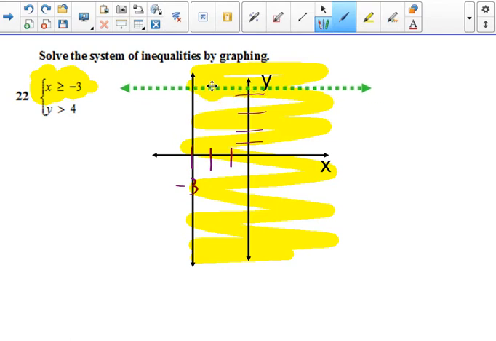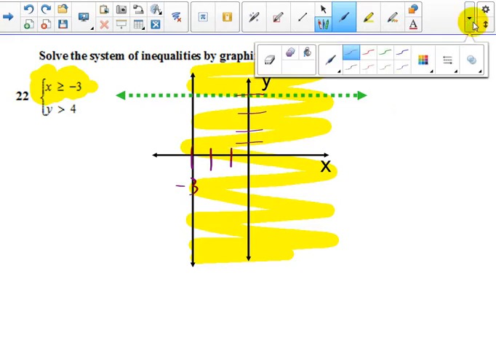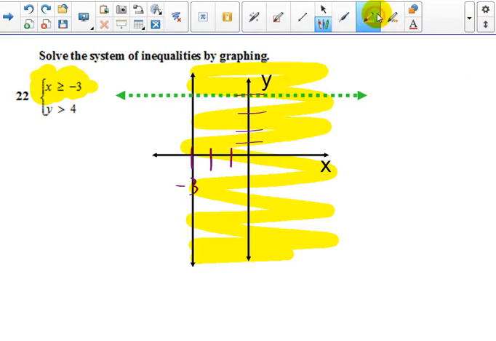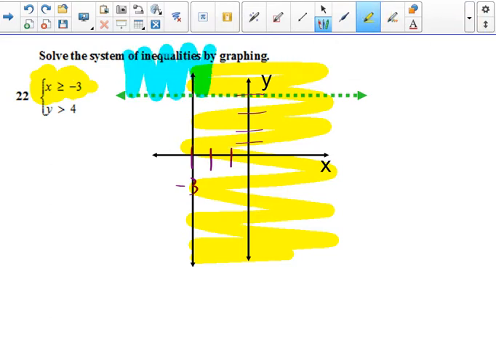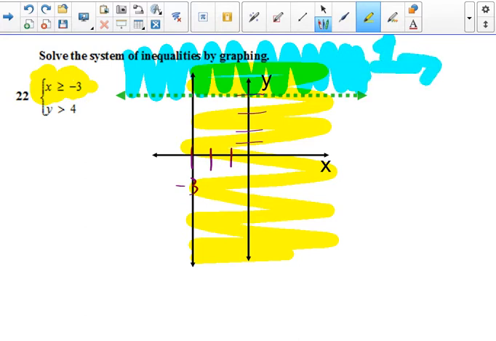So it's just going to be a dashed line showing that any point on the boundary line is not included in our solution set, but everything greater than that is. So let's shade. Let's pick this one. And it's everything greater than. And this goes on forever and ever up and to the right.